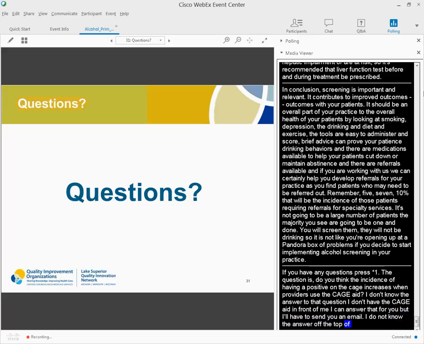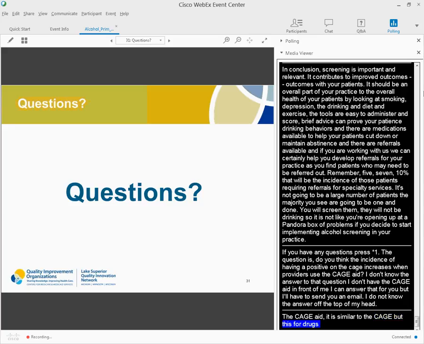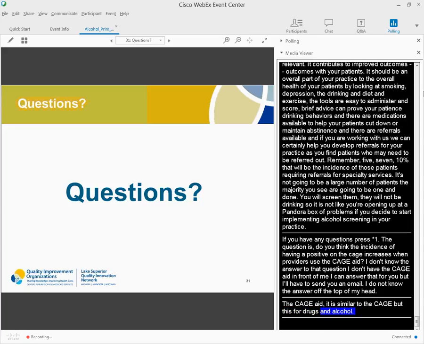Just so you know, the CAGE-AID, if memory serves me correct, is similar to the CAGE, but it's for drugs and alcohol. I think it includes substance use in the form of the questions. So it's the same questions as the CAGE: have you attempted to cut down, has anyone expressed annoyance, do you ever feel guilty, or do you have an eye opener, a substance to mitigate a hangover? I think that's what she's referring to.